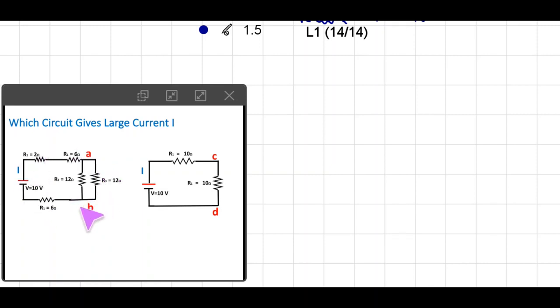In order to find out the total resistance in the circuit, R is equal to 2 ohm plus 6 ohm plus 12 parallel to 12 plus 6 ohm.